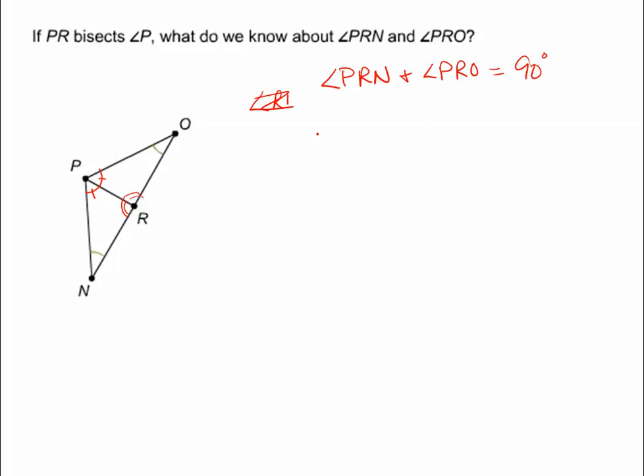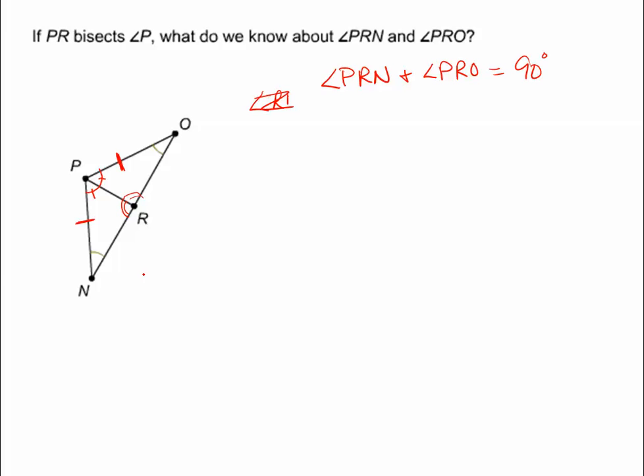We know that because we're dealing with an isosceles triangle, so we know that this side is congruent to this side. And the bisector of the vertex of an isosceles triangle is also the perpendicular bisector of the base.